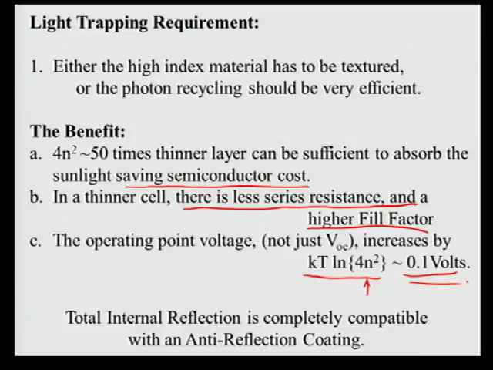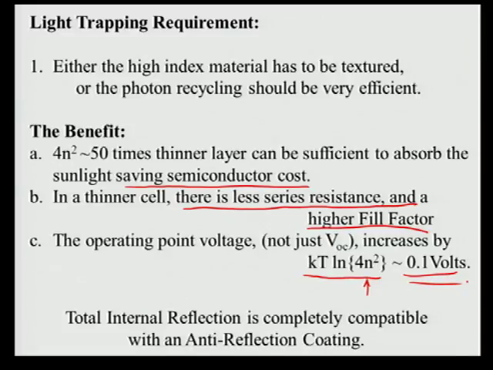However, people come to me and they say, total internal reflection, isn't that at odds with what you're trying to have as an anti-reflection coating to let the sun in? So don't those two words mean the opposite? And yes, seemingly the English language is a little clumsy here. It seems like those are opposites. But I remind you that the total internal reflection is not changed at all by an anti-reflection coating.